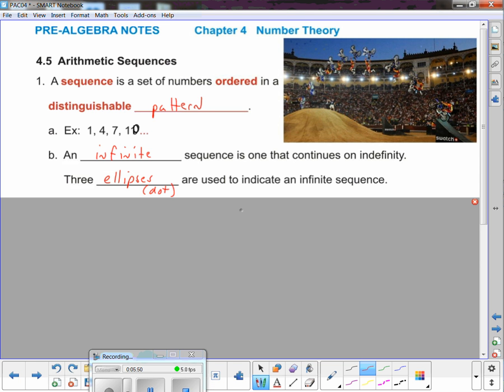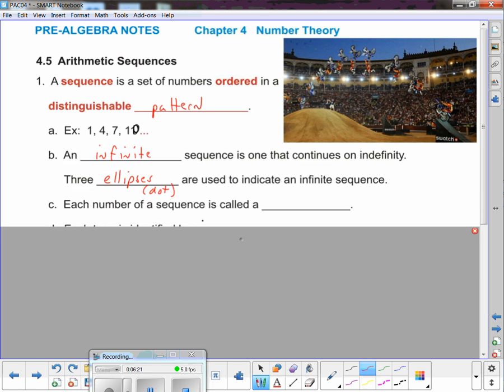Okay, he knows it, but the pronunciation is finite. So you have infinite and finite. Take the IN away, and F-I-N-I-T-E is pronounced finite. Finite means it has an ending. Infinite goes on forever. So your sequences will be either infinite or finite. Finite has a distinct end. You won't have three ellipses on the end. An infinite sequence, you'll see the three ellipses. Kristen, sorry.